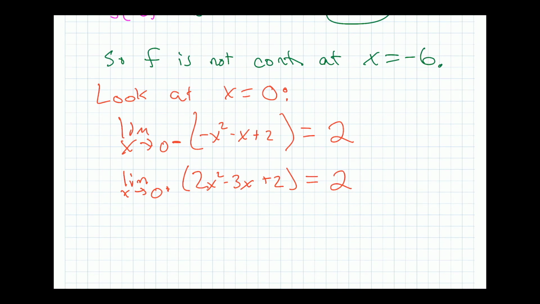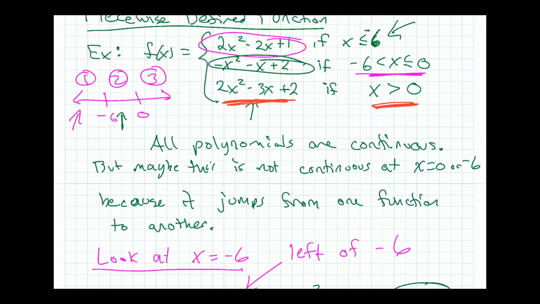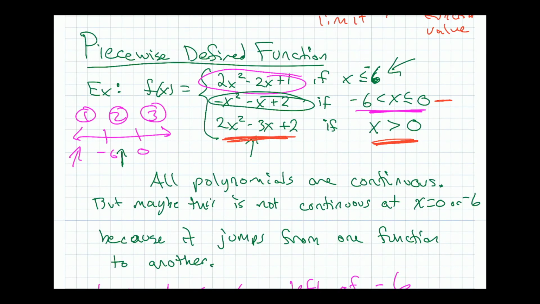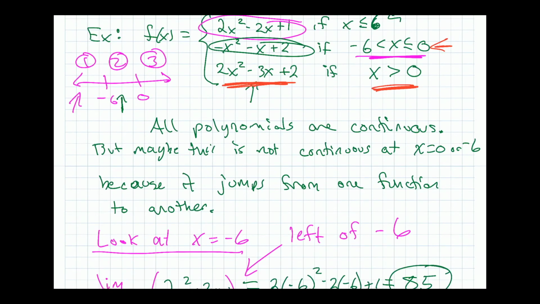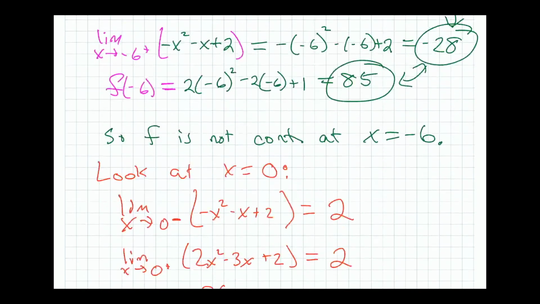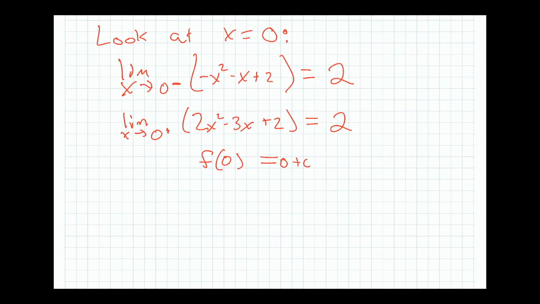Then you need f of 0, which is, so x equals 0 is in the second box, so you'll put a 0 in the second function, so you get 0 plus 0 plus 2 again, which is 2.